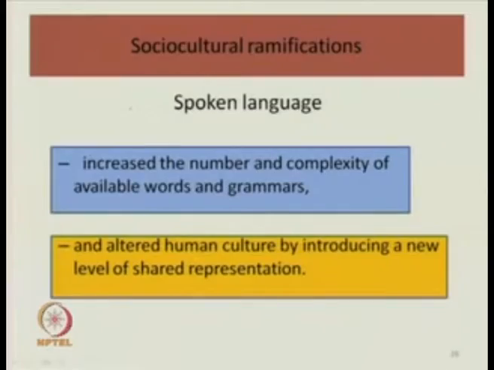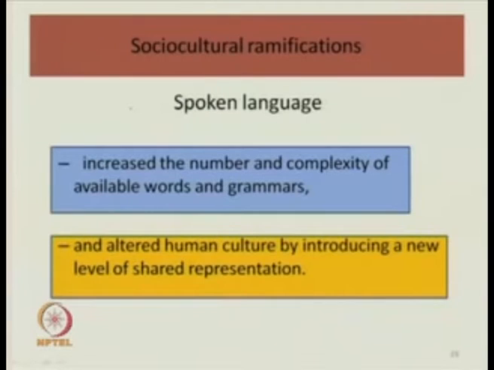You need a syntax in which to arrange those thoughts, and there has to be an increase even in the number of words. And as Donald says, it altered human culture by introducing a new level of shared representation.